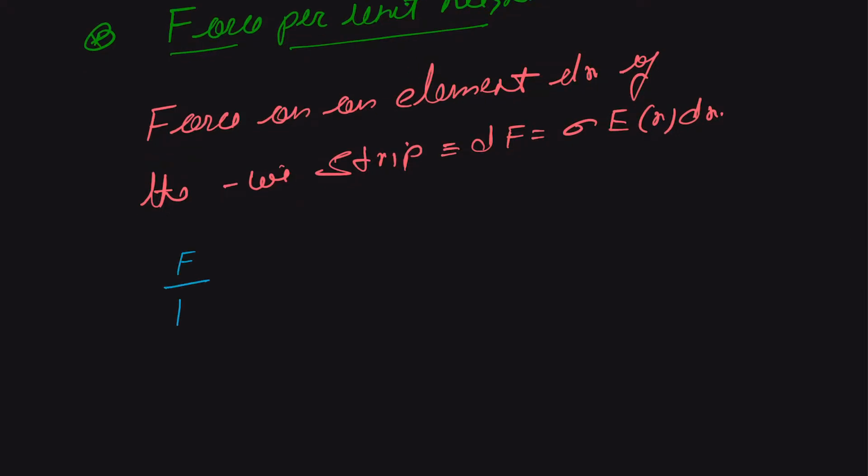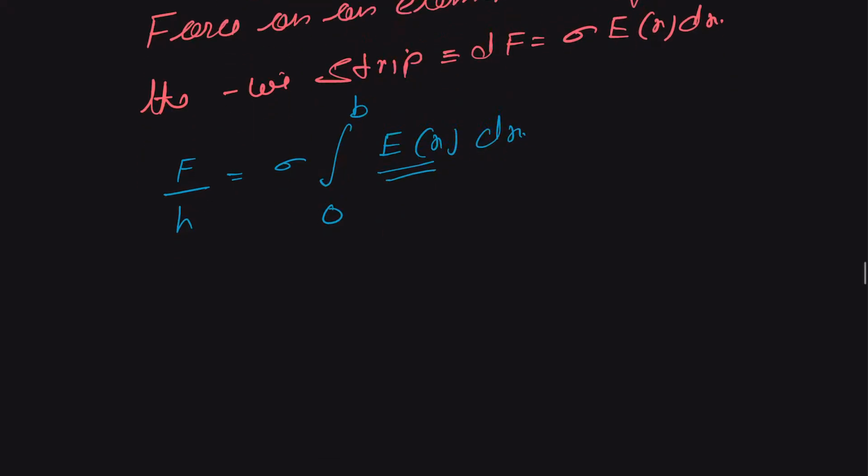So you can say F upon H will be equal to charge density, integration 0 to b, our E of x times dx, and this electric field Ex we have already calculated.